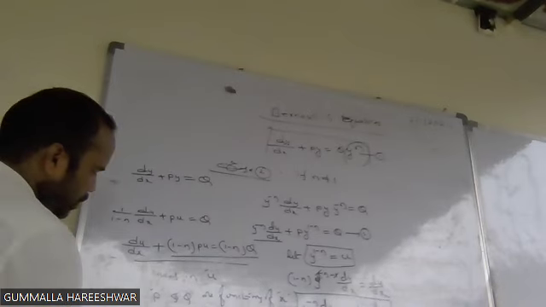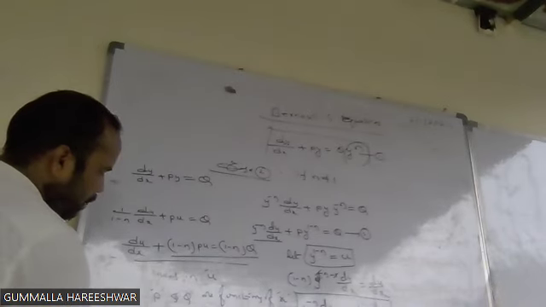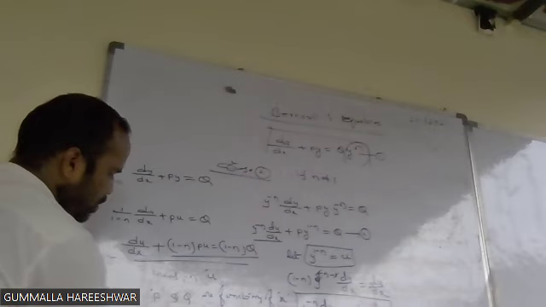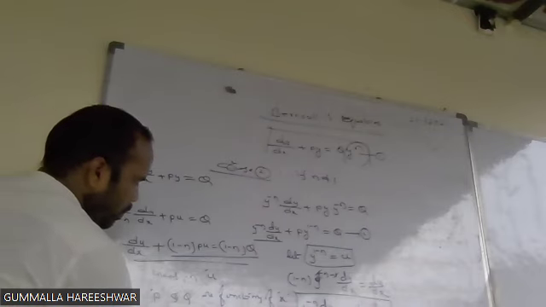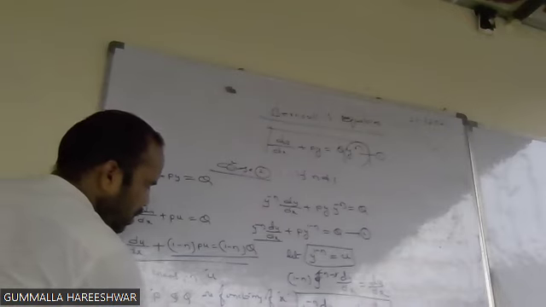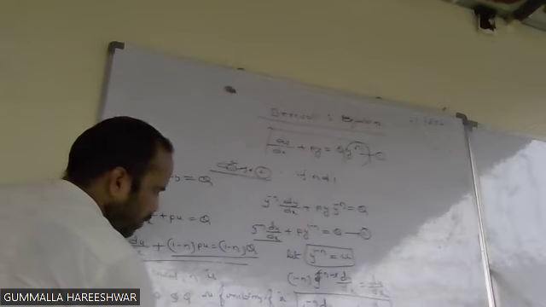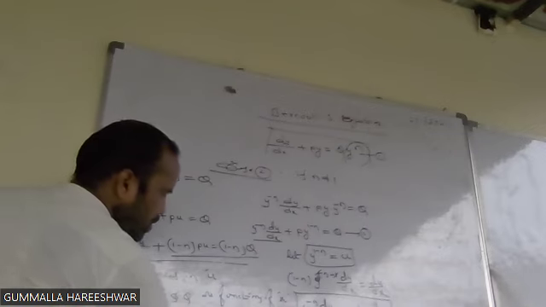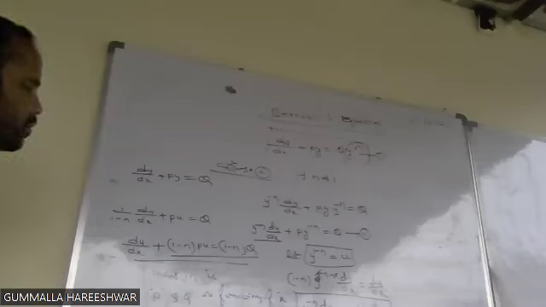So the general solution of this equation is u into the integrating factor equals the integral of (1 minus n) Q into the integrating factor dx.